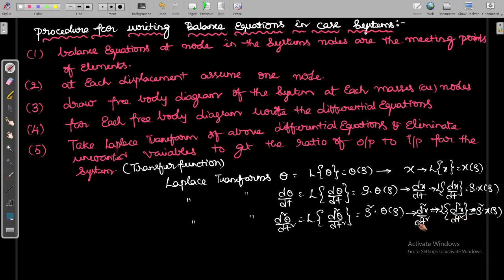These are the Laplace transforms we use to obtain the transfer function of mechanical systems. Then we eliminate the unwanted variables to get the ratio of output to input for the transfer function of the system.